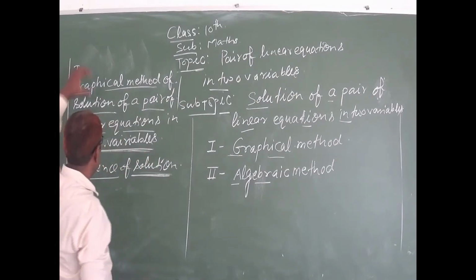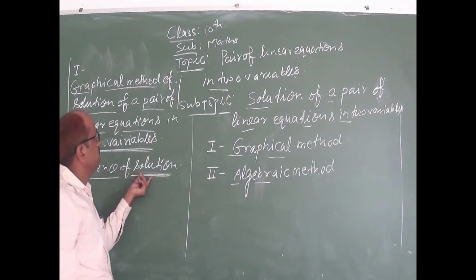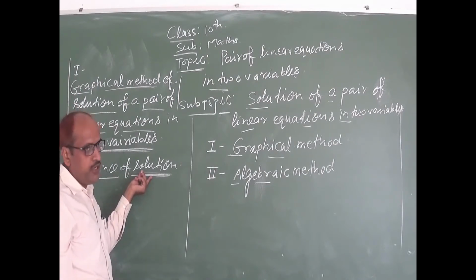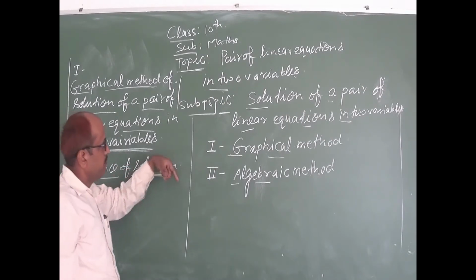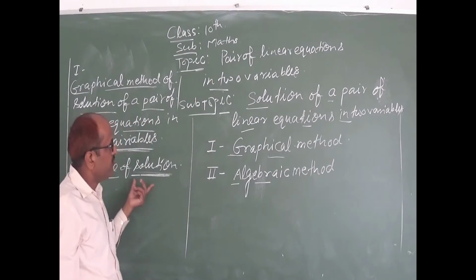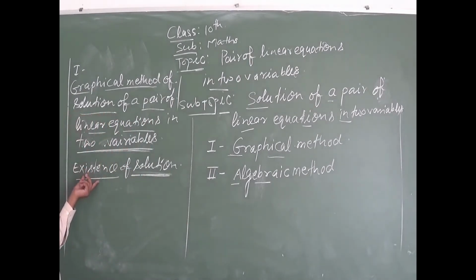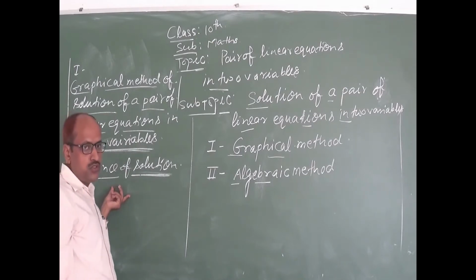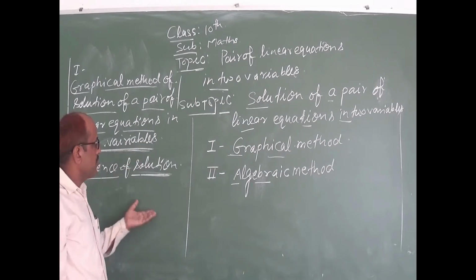Here we are first going to discuss the existence of a solution of a pair of linear equations. In the previous discussion, part one, we discussed the pair of linear equations and their representation. There we discussed that three conditions are possible when a pair of linear equations is represented on the graph.